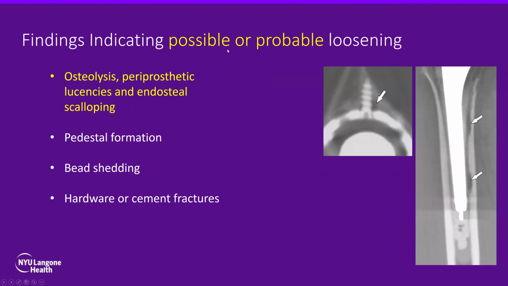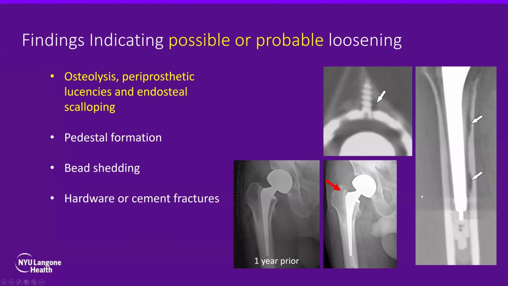So findings of possible or probable loosening: any osteolysis, anything that is focal, lobulated or more than 2 millimeter in thickness. So 1 year ago, normal interface, this year, there is lucency that is more than 2 millimeters. So that is concerning, right?